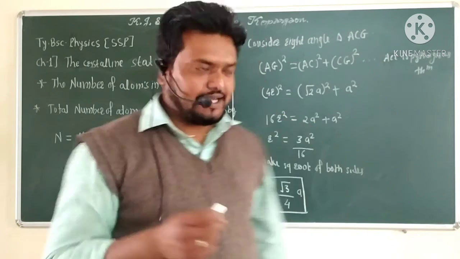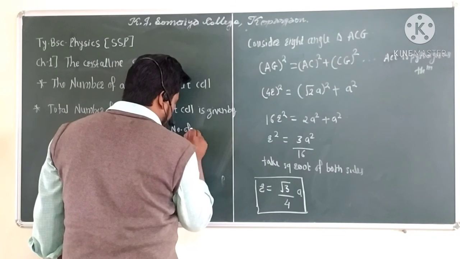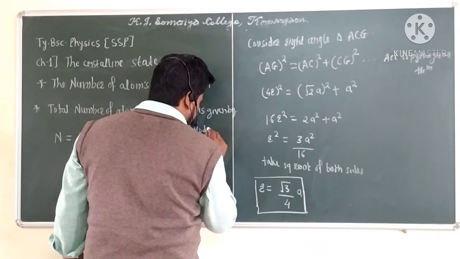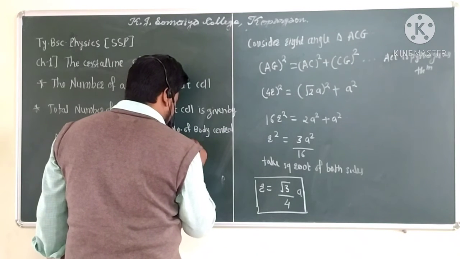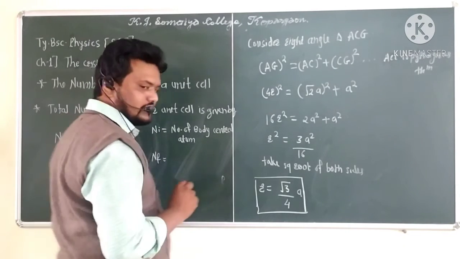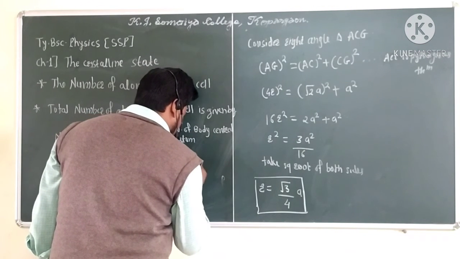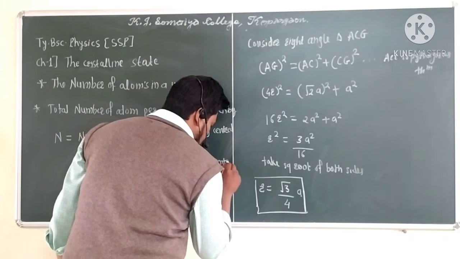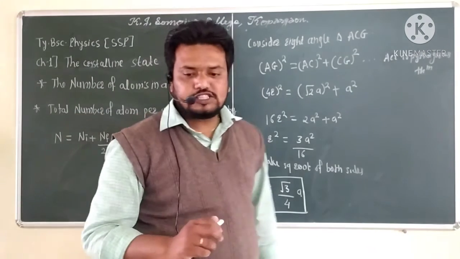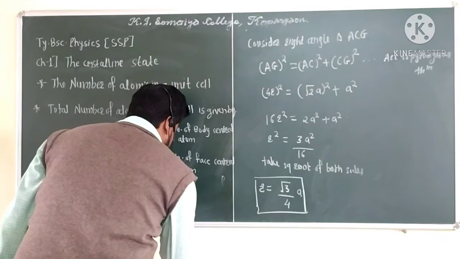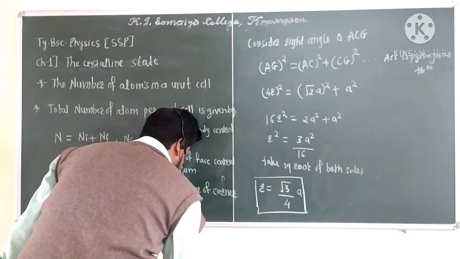Ni is the number of body centered atoms. Nf is the number of face centered atoms, and Nc is the number of corner atoms.